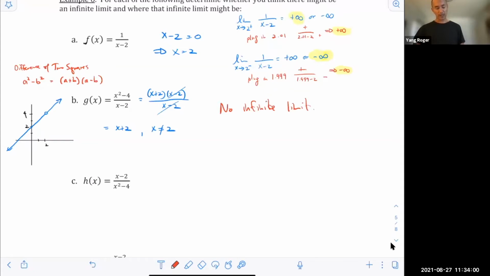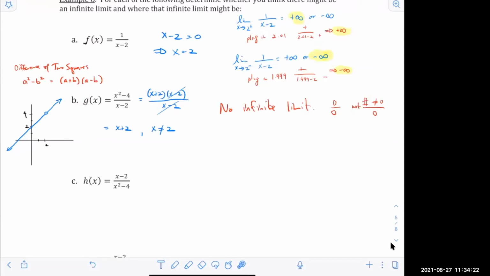Right? Because when you plug in a 2 in the top and the bottom, you get 0 over 0. You don't get a nonzero number over 0. So this example kind of illustrates the difference between the two. This one has an infinite limit. This one does not have an infinite limit.